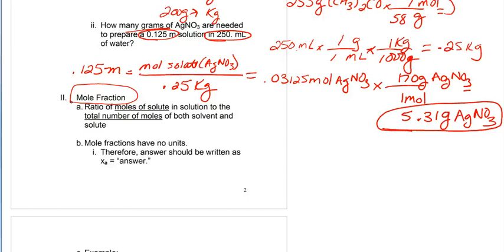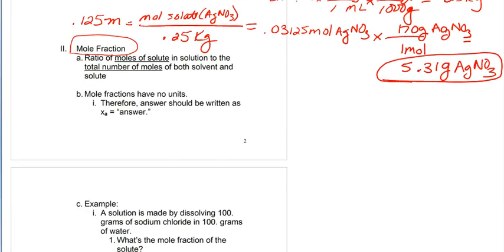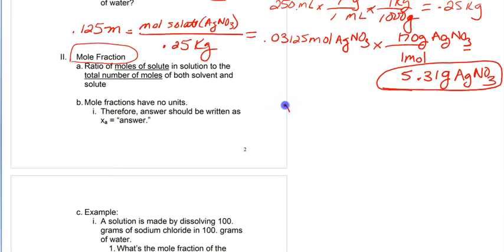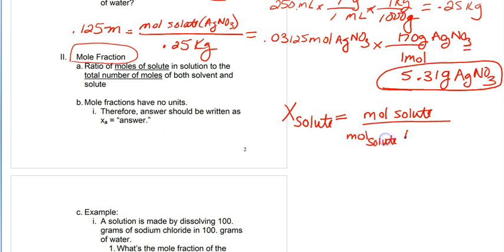Let me go ahead and show you what I mean. We show mole fraction by using an X. So the mole fraction of solute is equal to moles of solute over moles of solute plus moles of solvent.